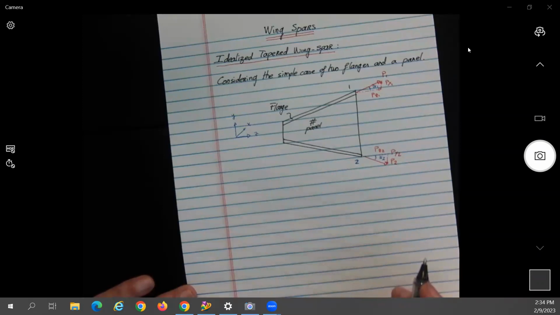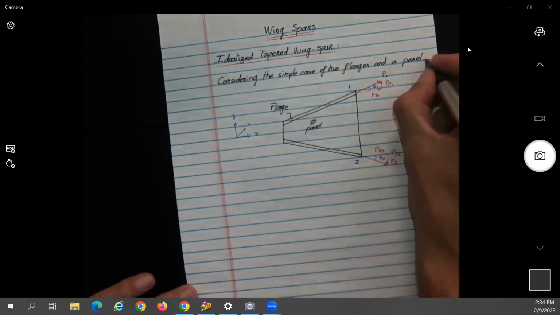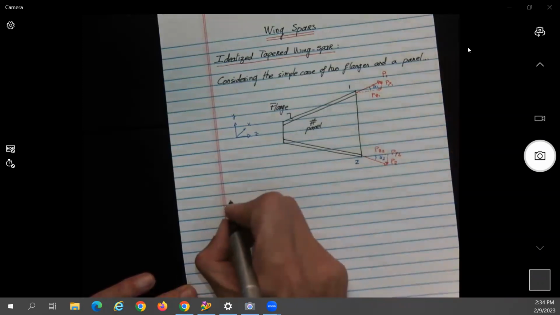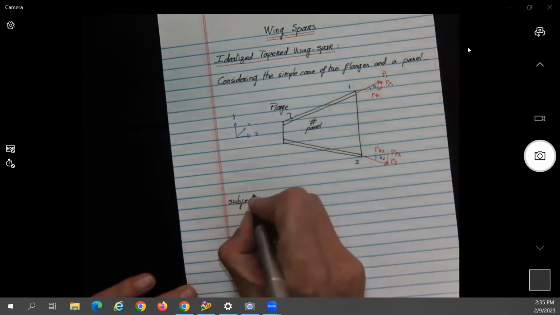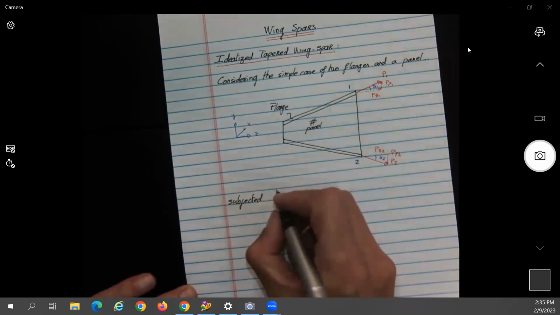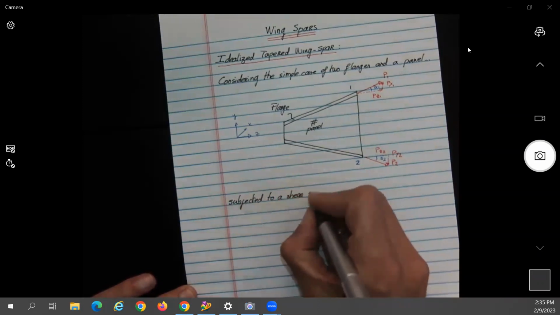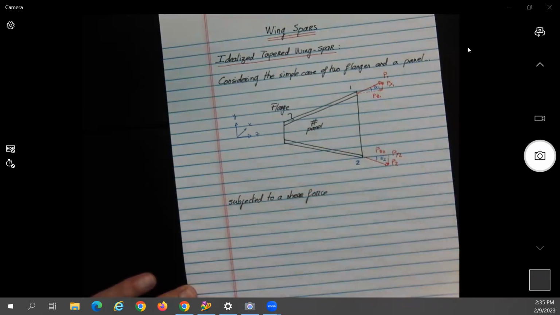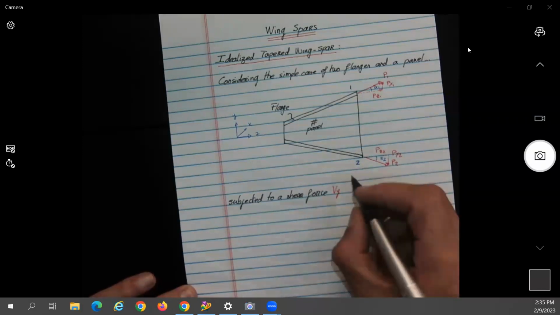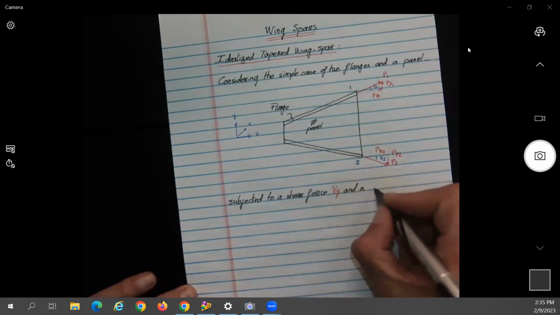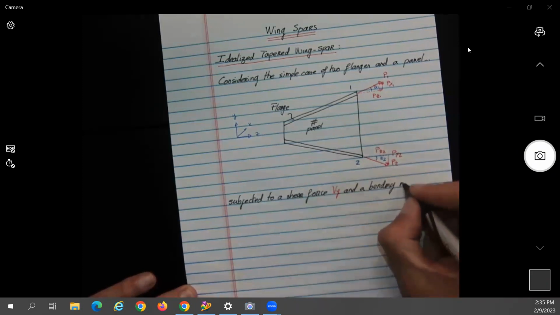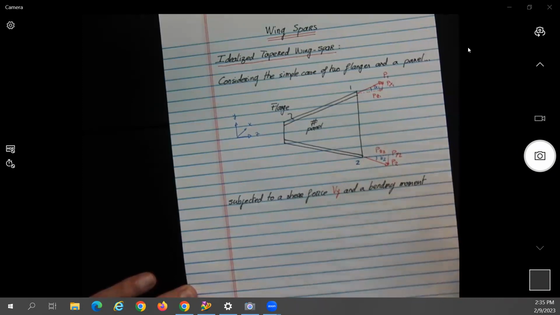Consider the simple case of two flanges and a panel, projected to a shear force Dy and a bending moment.